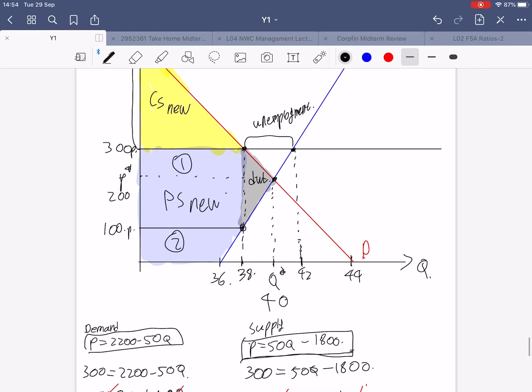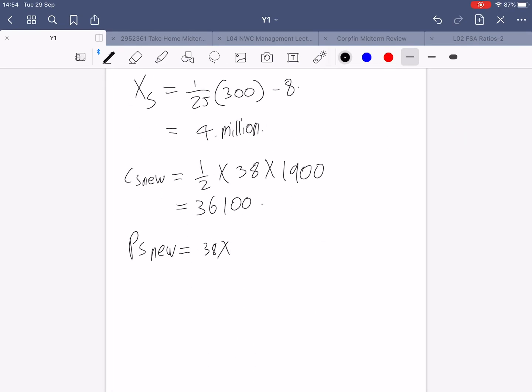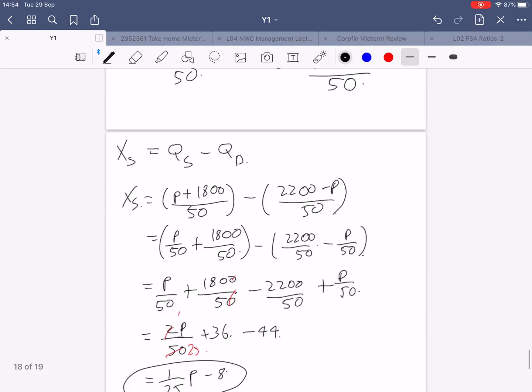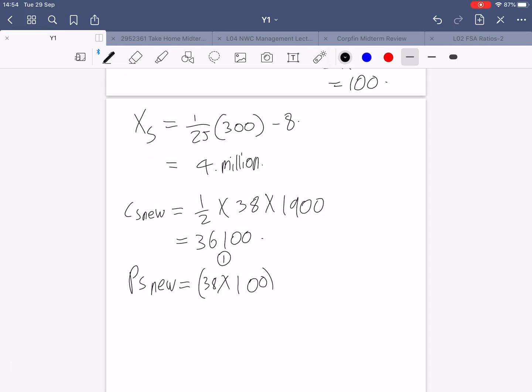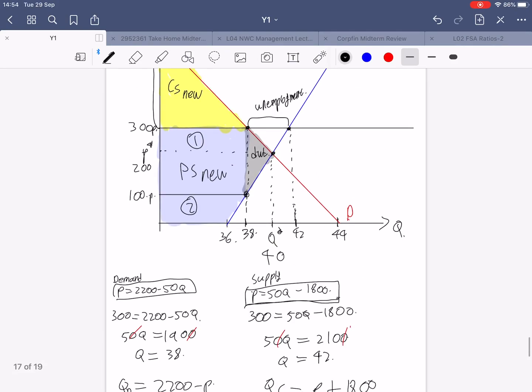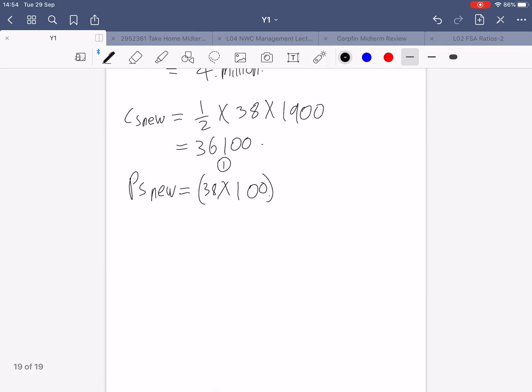Okay, so now we have the height. For figure 1, the height, which was 100, I mean 200, because 300 minus 100, so it must be 200.